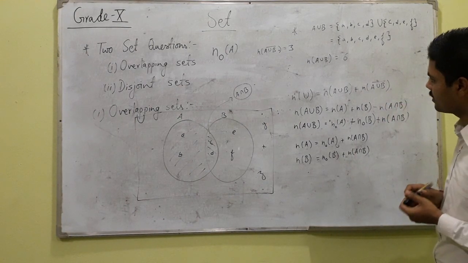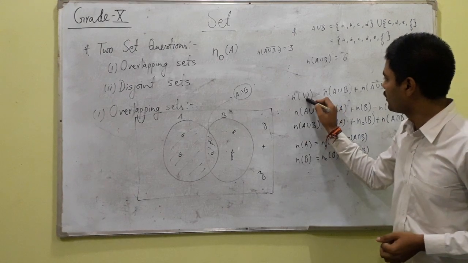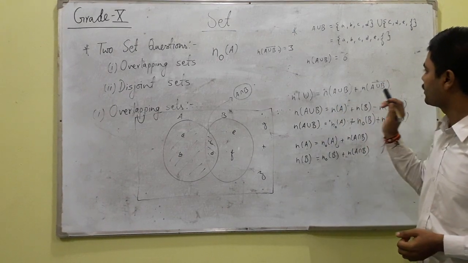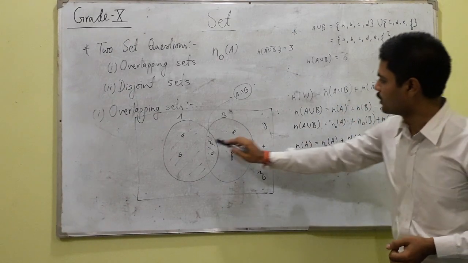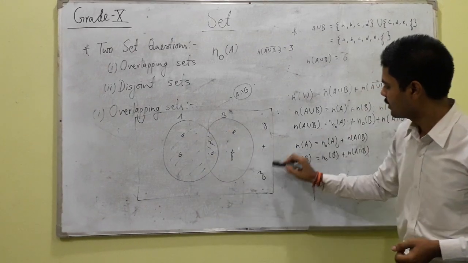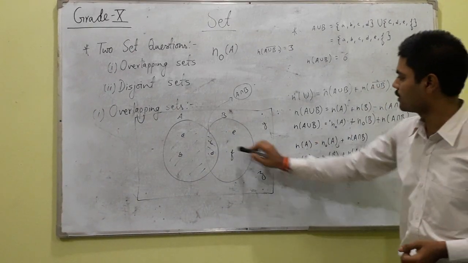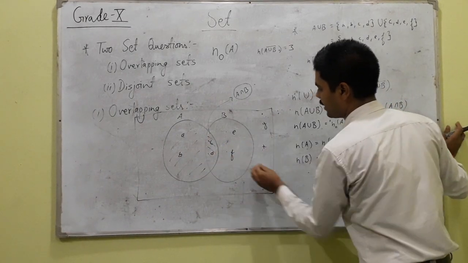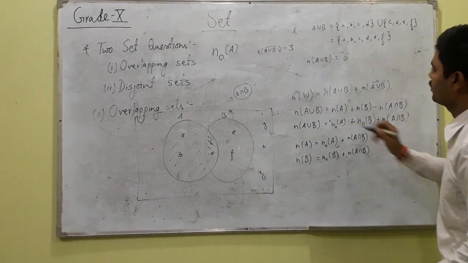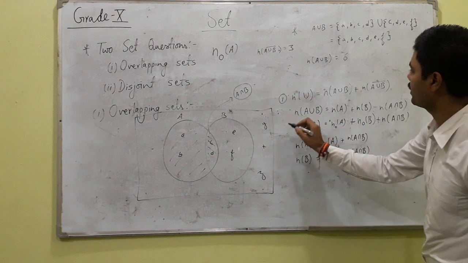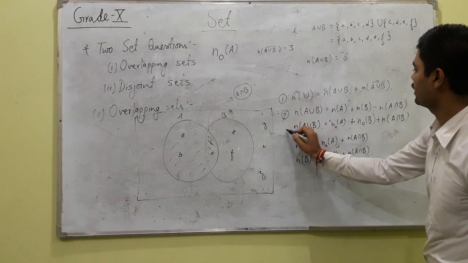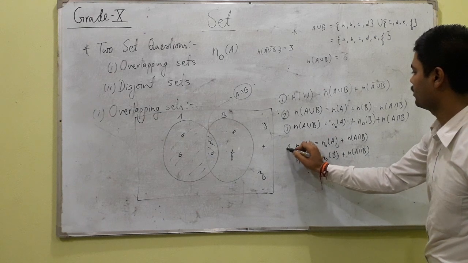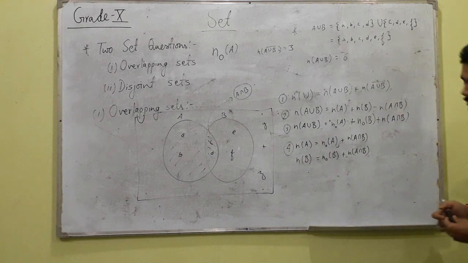It means the universal set is the sum of union sets and non-union sets which are outside of these two diagrams. So formula number 1 is to be memorized, and 2, 3 and 4.